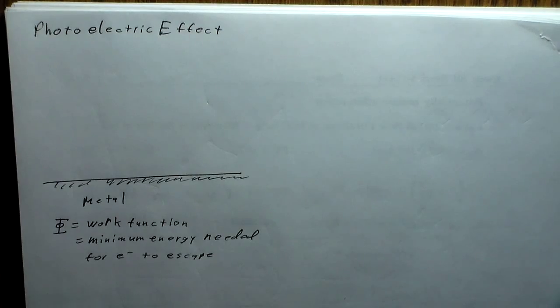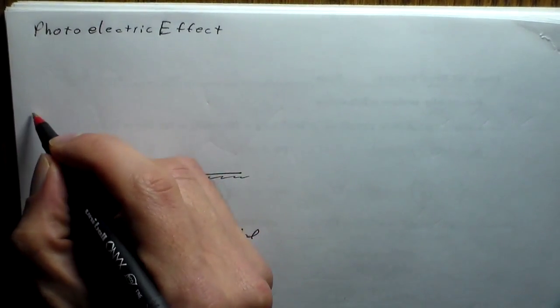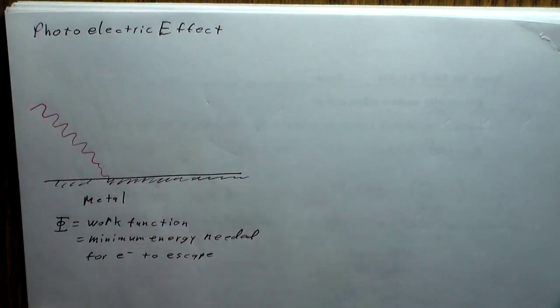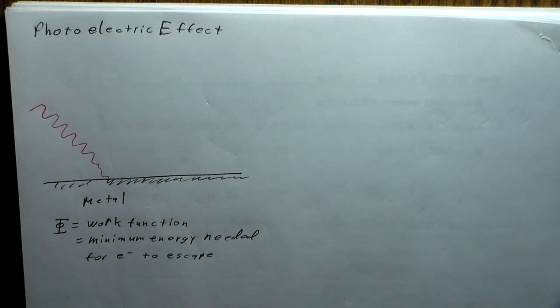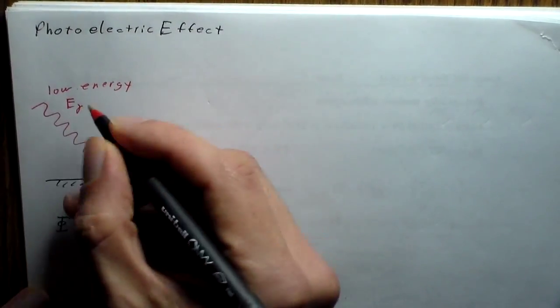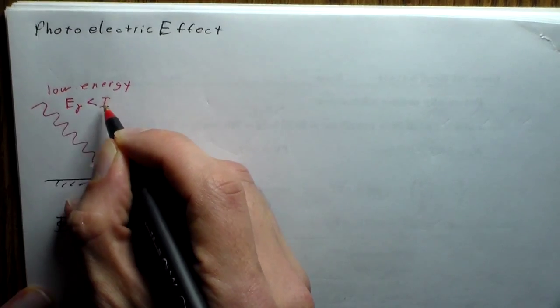So what's going to happen here is that if I have, let's say, a low energy photon, something like a red photon, this little red photon would come in, and it would just be either absorbed or reflected, and nothing would happen. By low energy, I mean the energy of my photon is less than that of my work function.